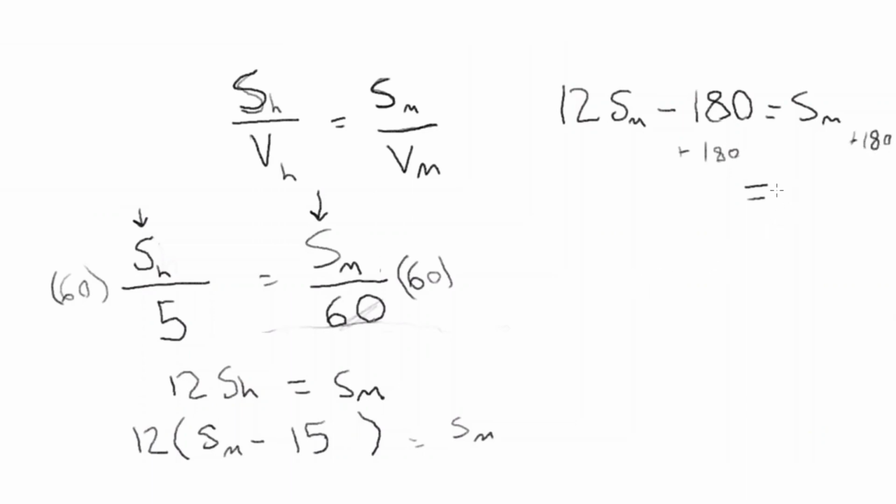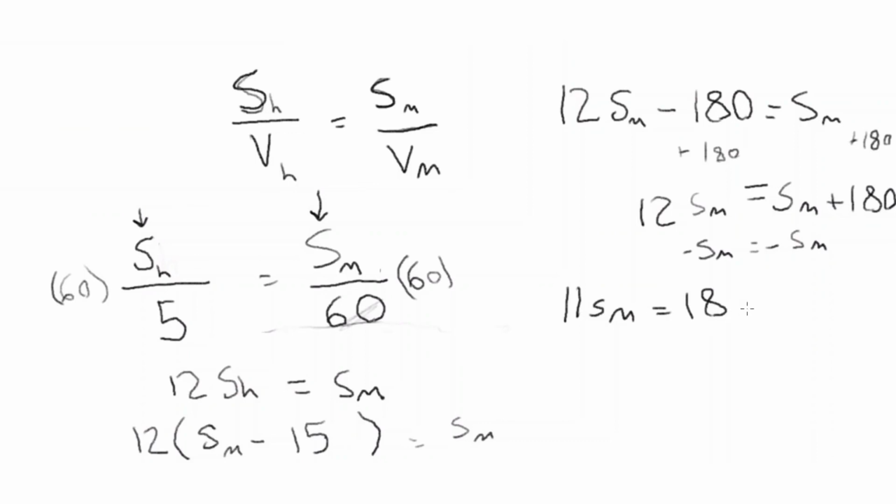So now I'm going to have SM plus 180 equals 12 SM. Now we're going to subtract an SM from both sides, so we isolate the SM. And we go minus SM over here, and we'll remember there's an equal sign in the middle. So that gives us 11 SMs over here equals 180.